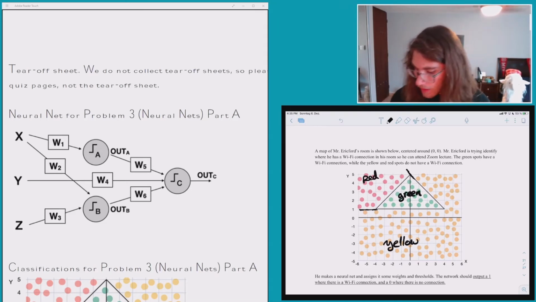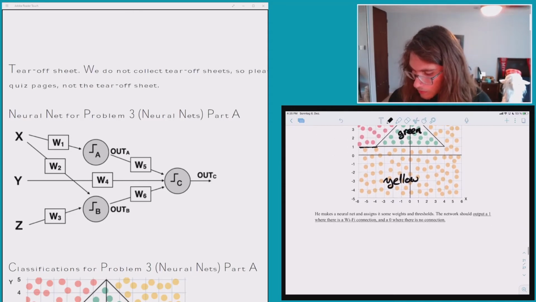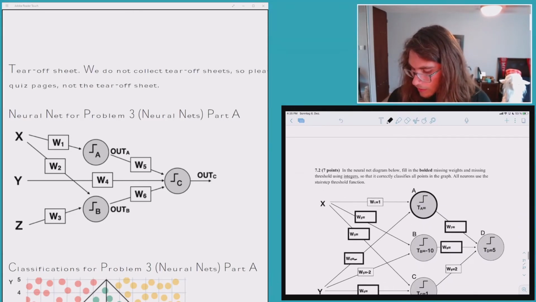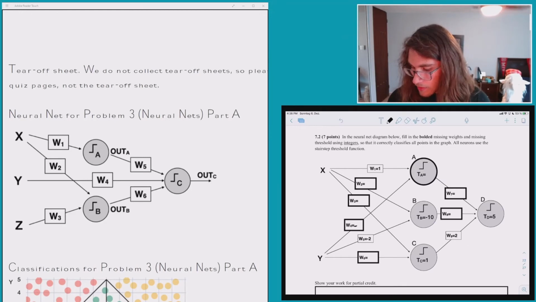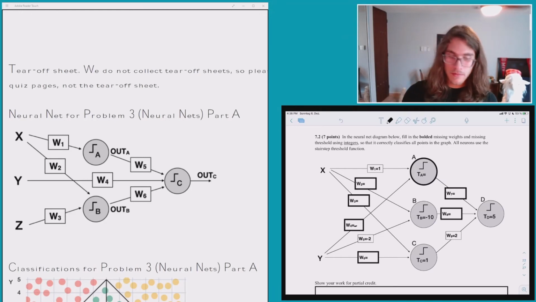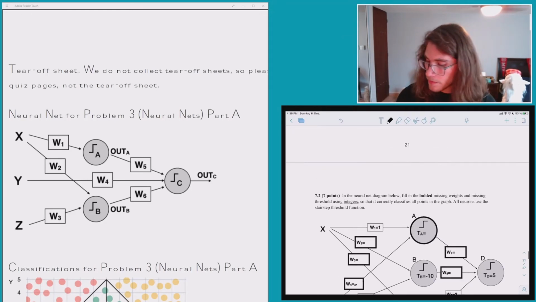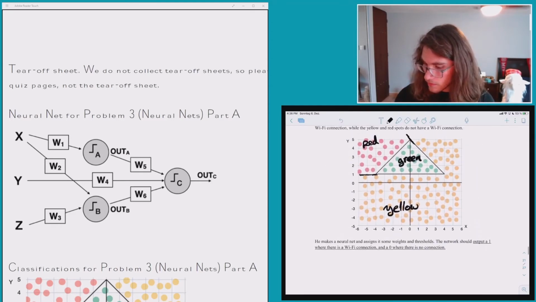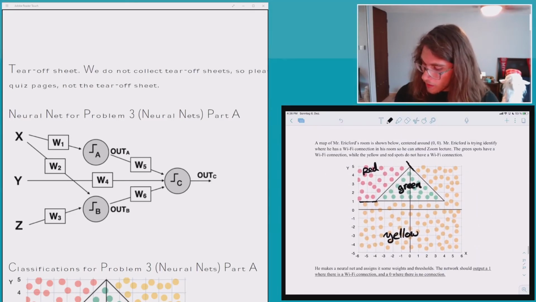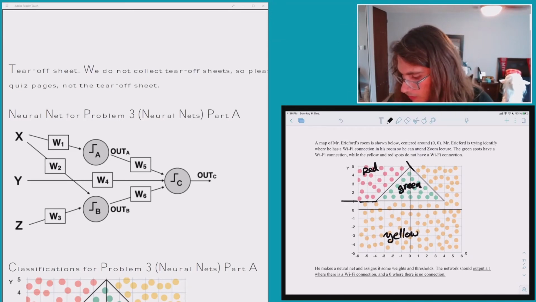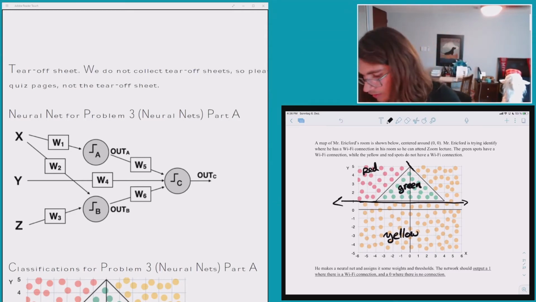So now that I have that, we're going to be building the following neural network using the equations above and the classification areas that were given. My approach generally is to extend the lines. I'm going to use the boundaries I just drew here because these are the different regions.